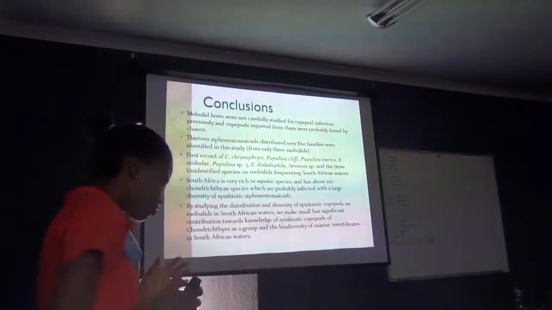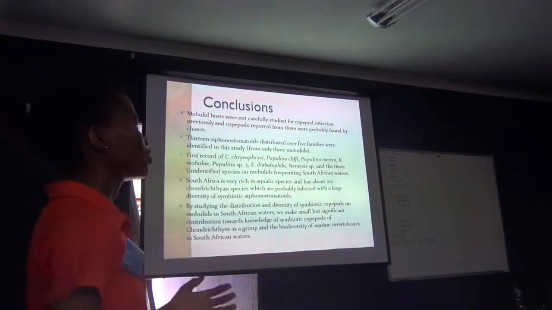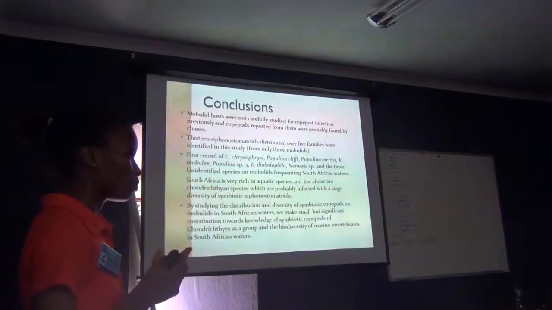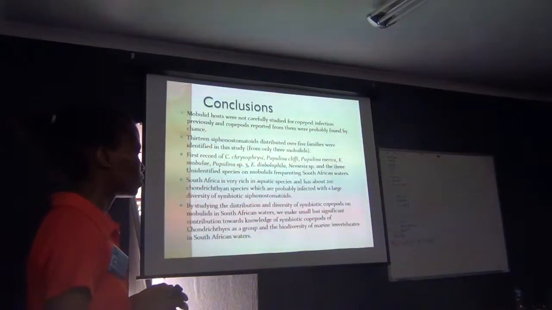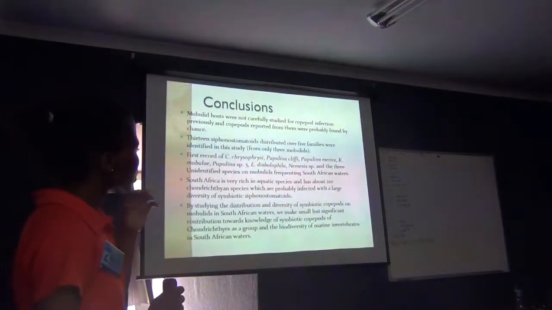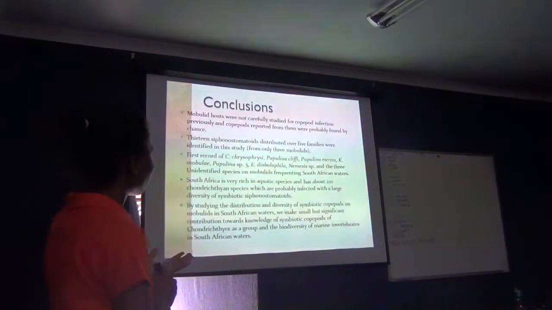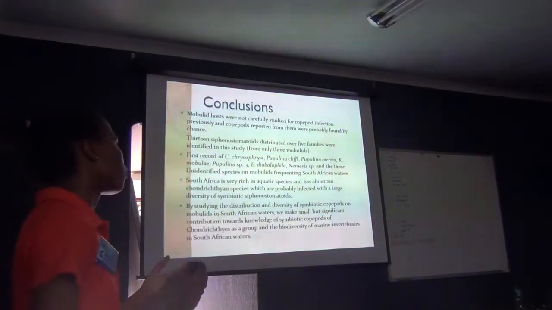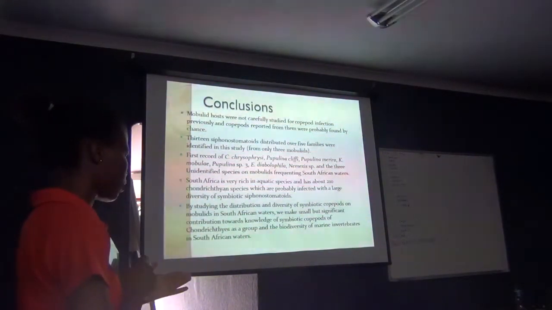Okay, back in the day, mobulid rays were not carefully studied for copepod infection, and the copepods that were reported from them were probably found by accident. So they were not very well studied back in the day. And imagine, now we have been able to identify at least 13 species distributed over 5 families from only looking at 3 of the 7 that occur in South Africa.